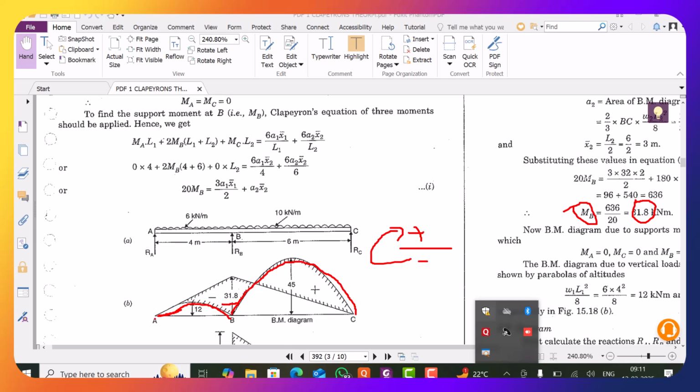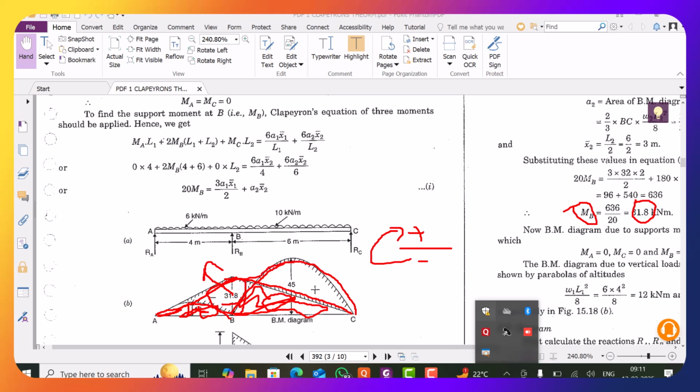So this hogging bending moment also I have plotted with a straight line at 31.8. Now this positive and negative, whichever I am coloring here, is the neutral area. Neutral area means positive plus negative equal to 0, and this portion, the maximum ordinate, 31.8, is the hogging bending moment.